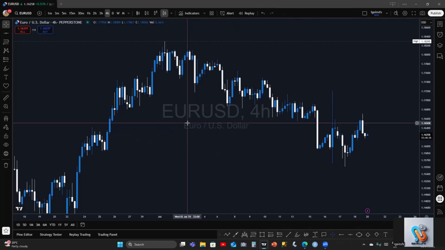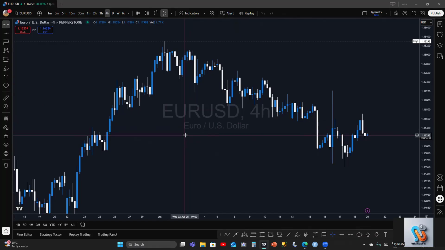We'll be analyzing different pairs so that we can know where the trend is headed, and we can now know where we should position for an opportunity. As soon as the opportunity comes, we now enter the market.